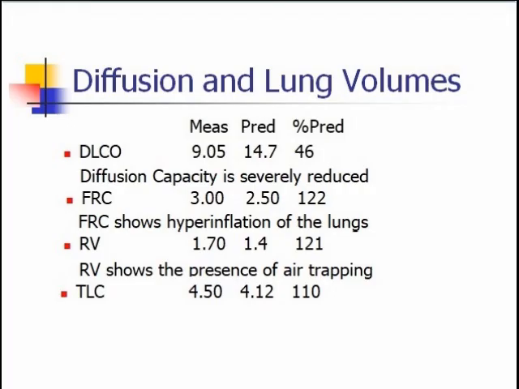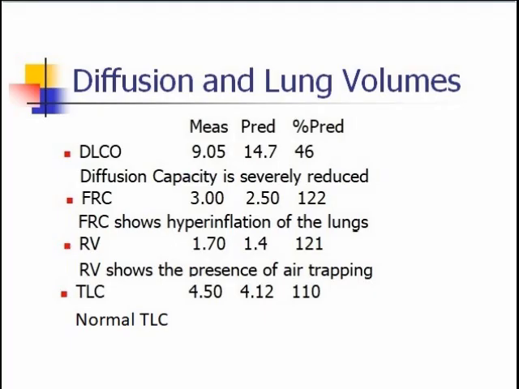Now take a look at the TLC, and what does that tell us? The primary value in the TLC, the way I'm looking at it, is that it indicates a restrictive condition. Volume measurements indicate restrictive issues.